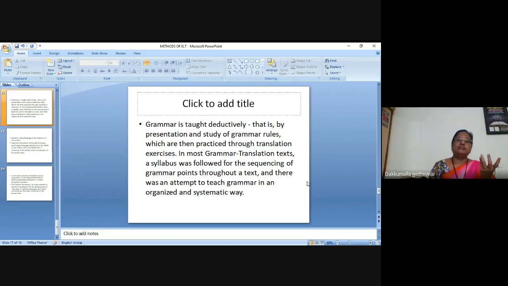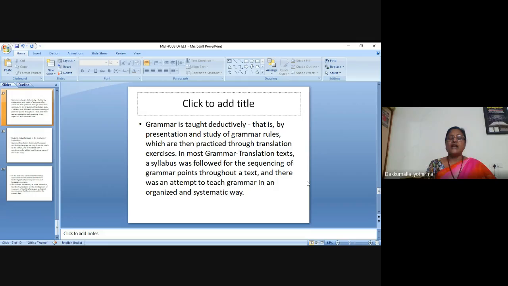In this method, another point is that grammar is taught deductively, that is, by presentation and study of grammar rules. First, the grammar rules are presented and studied, and then they are applied and practiced through translation exercises.